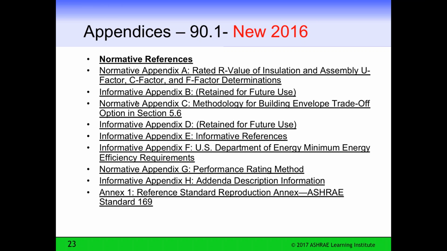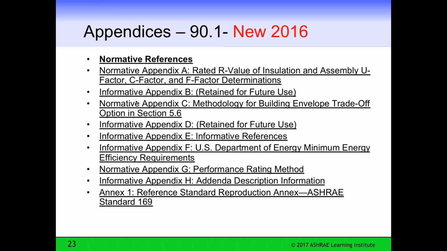It's the performance rating method. It's the set of rules for how you do whole building energy simulations when you want to do better than the standard. And also in 2016, for the first time, Appendix G can also be used for doing whole building compliance. Appendix H is addenda, description information, and Annex 1 is reference standard reproduction from the climate standard 169.